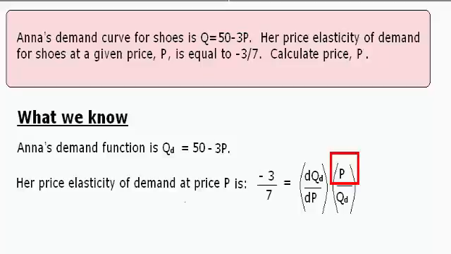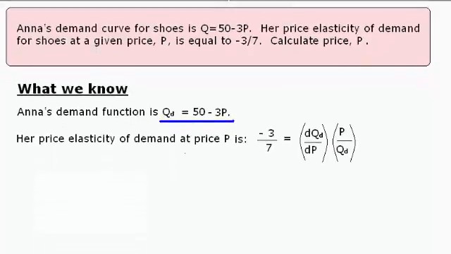We already know what the quantity demanded is, so what we're left with is to calculate the derivative of the demand function. We start off with the original demand function, and the derivative of 50 with respect to the price is simply 0. The derivative of negative 3P with respect to the price is simply negative 3, and 0 minus 3 leaves us with negative 3.